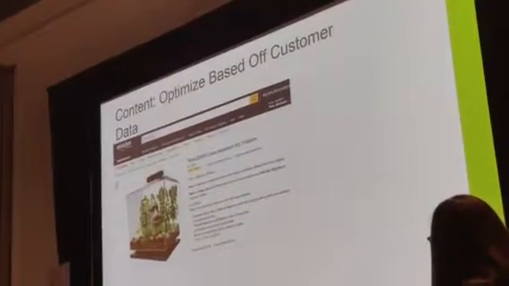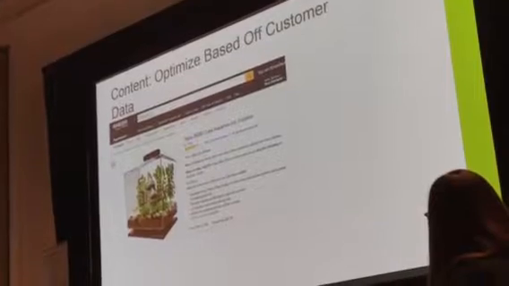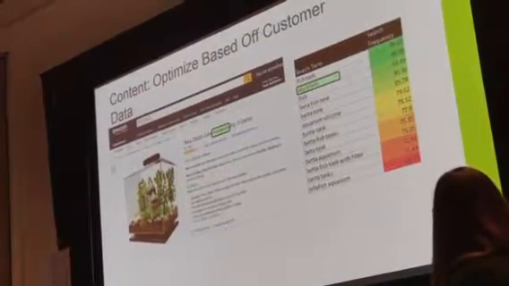Okay, so now that you know where to optimize on the detail page, it's important to optimize off of customer data. I really like this example of a Tetra Cube aquarium kit. That seems all fine and dandy. It seems like a great title, but if we look in search results, they're not optimizing for the best key term. The best key term would be fish tank.